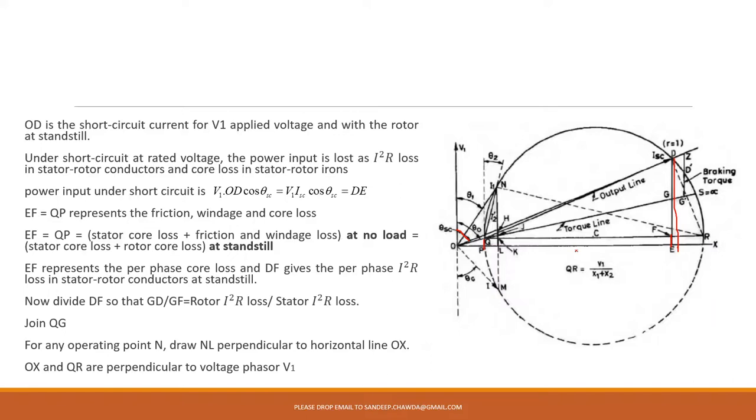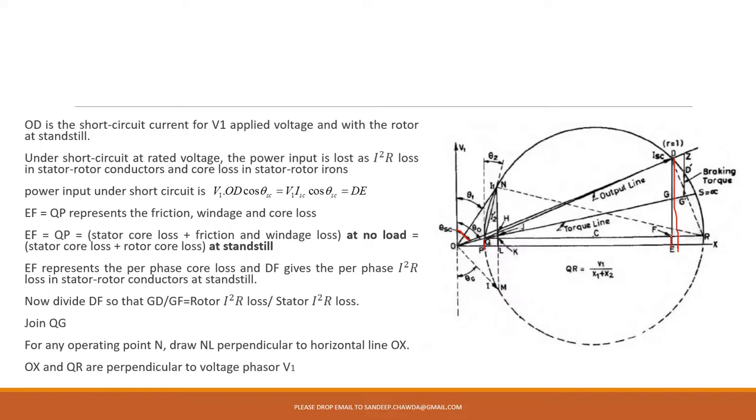So EP is representing stator core loss plus friction and windage losses during no load condition. When it is standstill, it gives you only stator core loss plus rotor core loss. So a slight difference is there. Now this EF represents the per phase core loss, please pay attention.